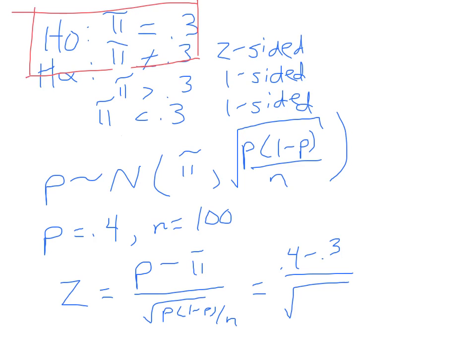Some people use P times 1 minus P if you don't have the population proportion, but in this case we're assuming we know it's 0.3.